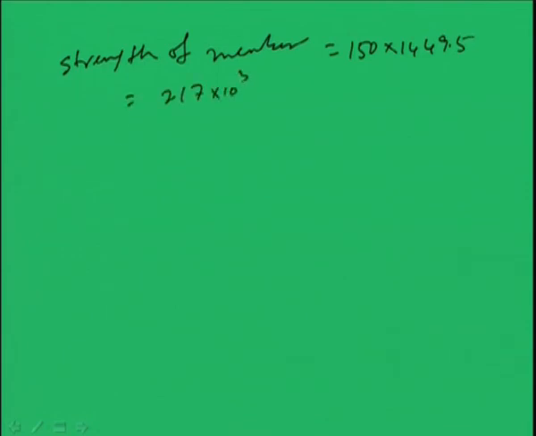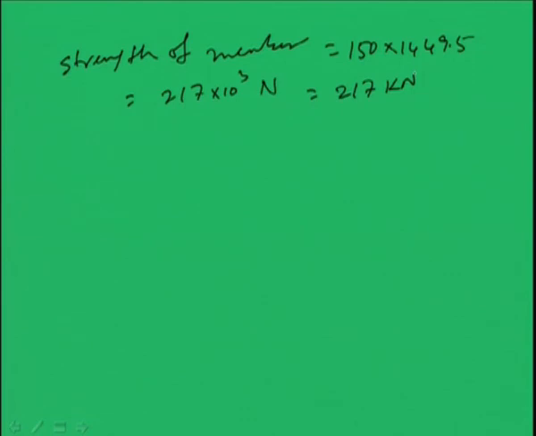Now the strength of the member also we can calculate. Strength of member will be 150, sigma at into net area. Net area available is 1449.5. So this is becoming 217 into 10 cube Newton, that means 217 kilonewton.